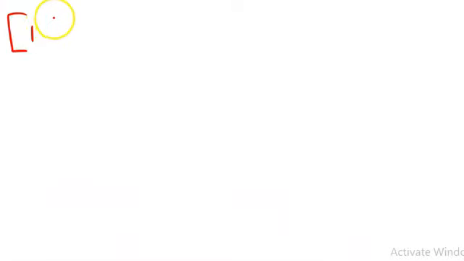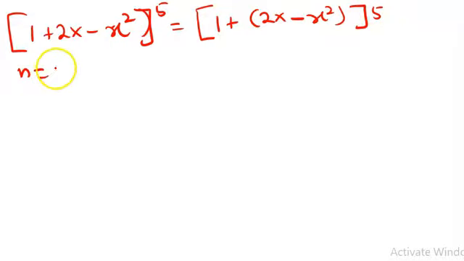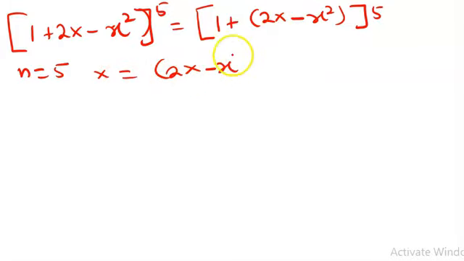Remember, 1 plus 2x minus x squared raised to the power 5 can be written as 1 plus the second bracket, 2x minus x squared, all raised to the power 5. So using the binomial expansion, our n is 5 and our x represents this whole thing, 2x minus x squared.